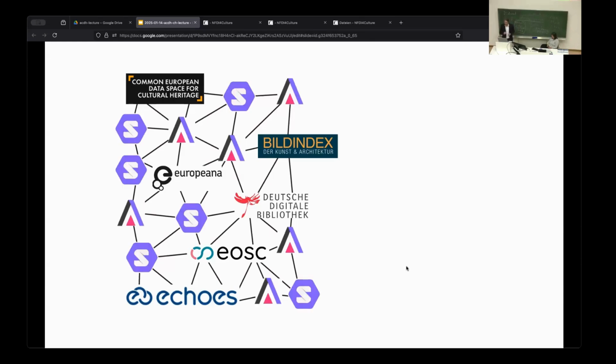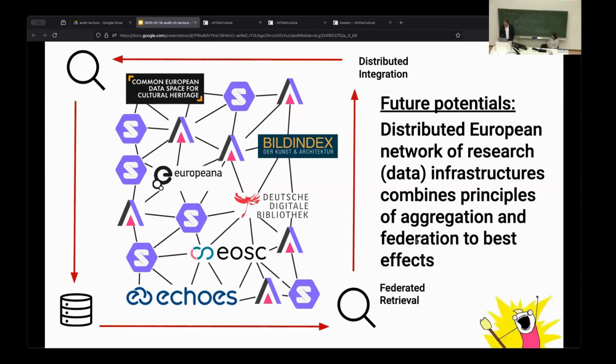The difference is now everybody is in a distributed network, and data sovereignty is in the hands of the providers. And that can, of course, in the end, create richer research experiences and richer research data provisions. So we would have federated search and we would have federated storage.